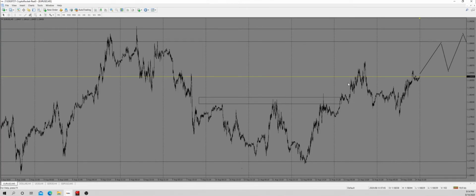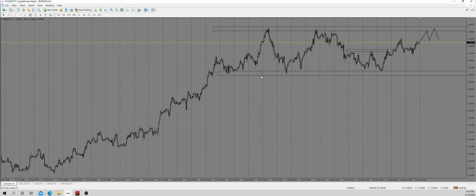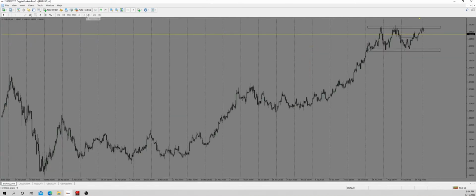So I don't use zones on the 5 or the 15 or the 30. You can, if you want to scalp and catch quicker plays. But the most effective way to use it is on the 1 hour and the 4 hour. That's very key, the 1 hour and the 4 hour.